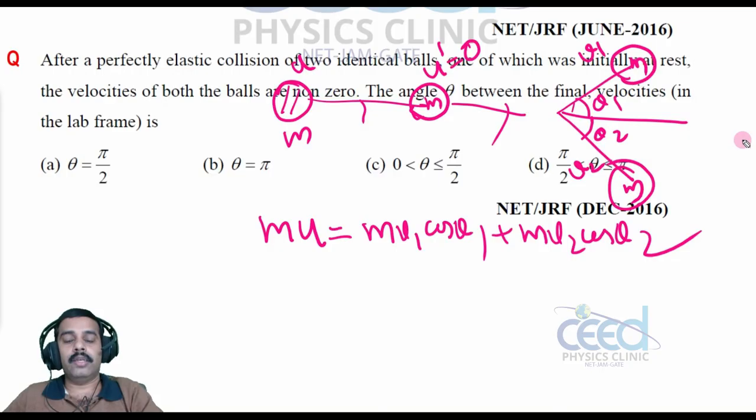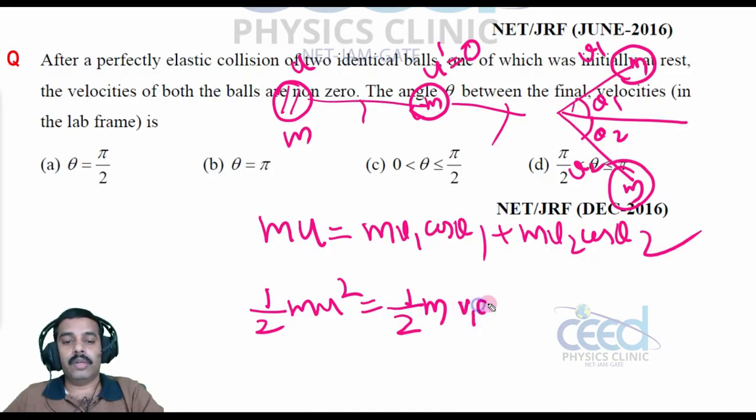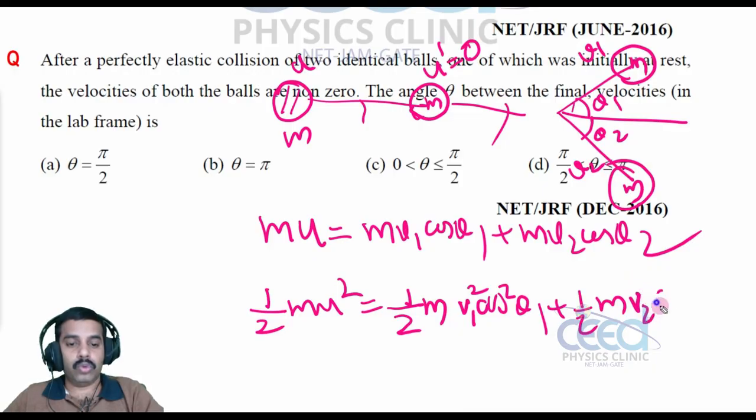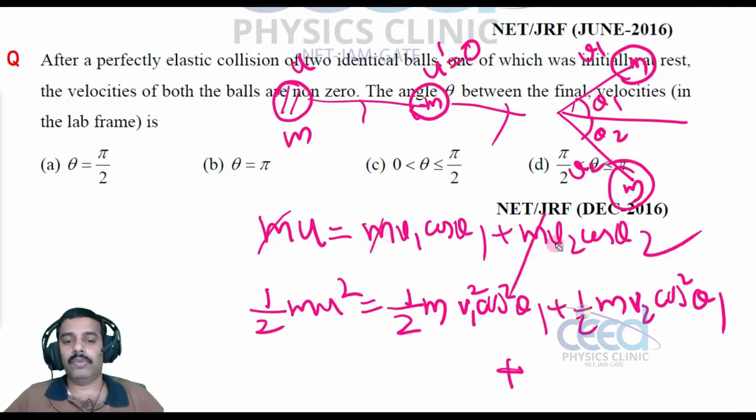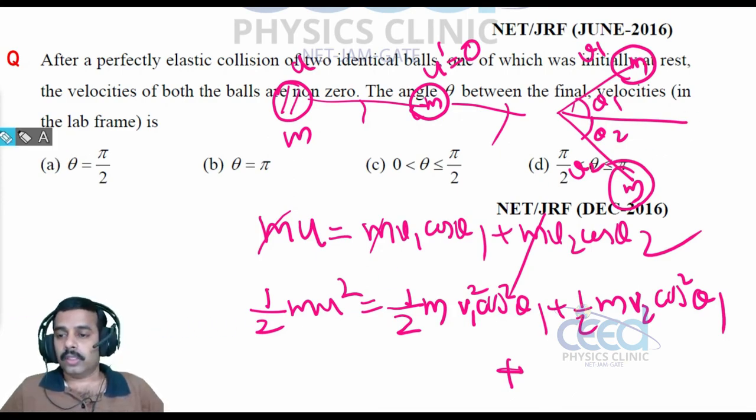And for kinetic energy, half mu square is equal to half m v1 square plus half m v2 square.